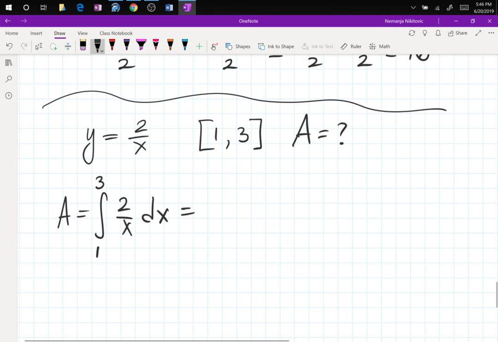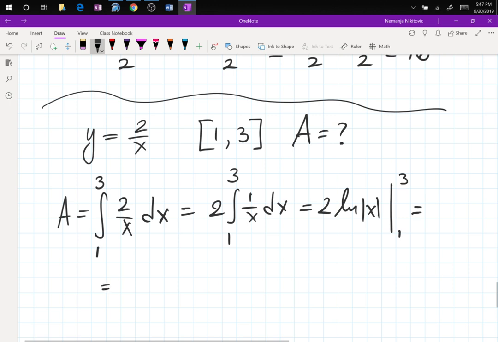All right, so what do we have, guys? We kick 2 outside, 1 over x dx. And what is the integral of 1 over x? ln absolute x, computed from 1 to 3. We plug in 3. We don't need the absolute value because positive numbers anyway. Minus 2 times ln of 1.